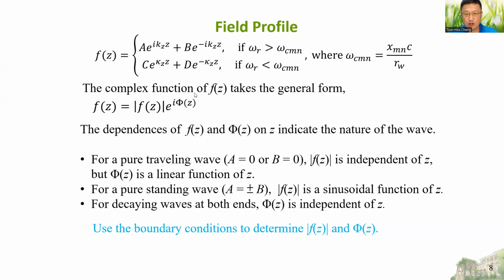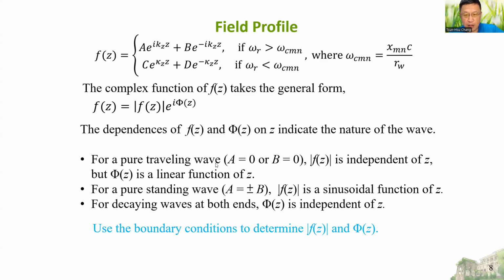The complex function f of z takes the general form. F of z should be this one. It depends on z as well as here. This is a phasor consisting of amplitude and phase information. The dependence of f of z and phi of z on z indicates the nature of the wave. Let's simplify this one.